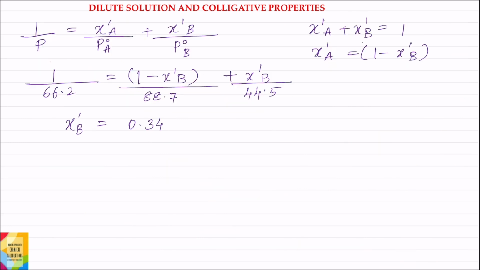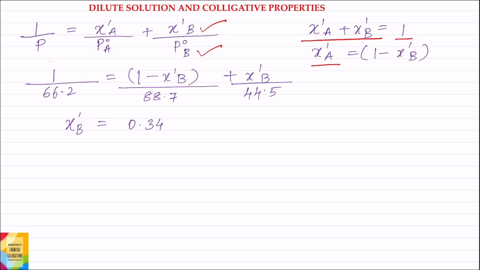Now pressure exerted by ethanol in the vapor state. For that the formula applied will be 1/P is equal to x'A divided by P0A, where x'A is the mole fraction of methanol, P0A is the vapor pressure of pure methanol, plus x'B divided by P0B. x'B is the mole fraction of ethanol in the vapor state and P0B is the vapor pressure of pure ethanol. Now we know that x'A plus x'B is equal to 1.